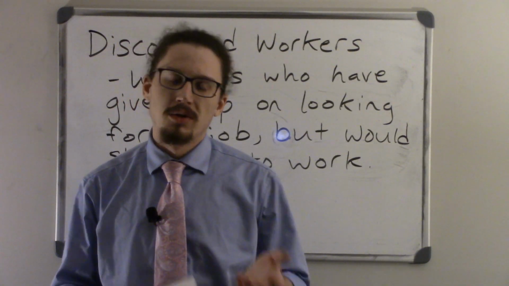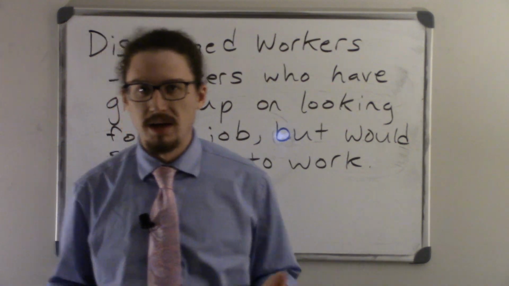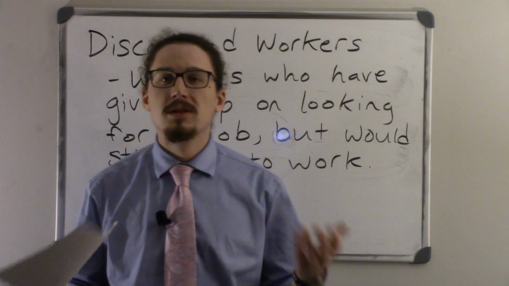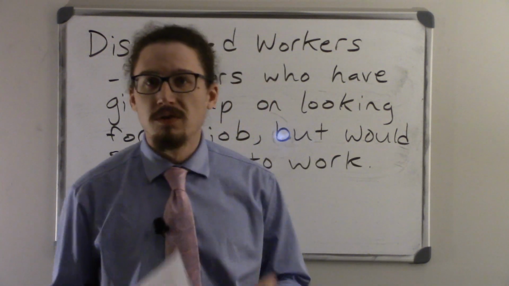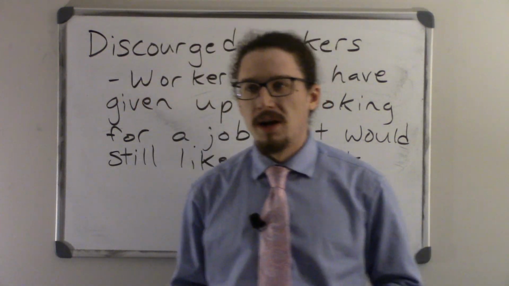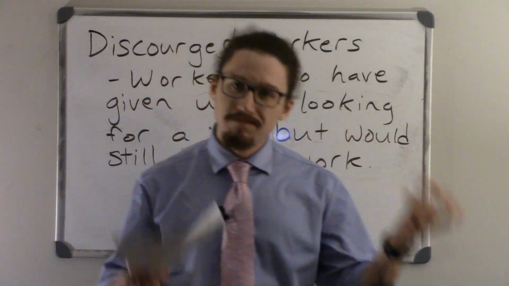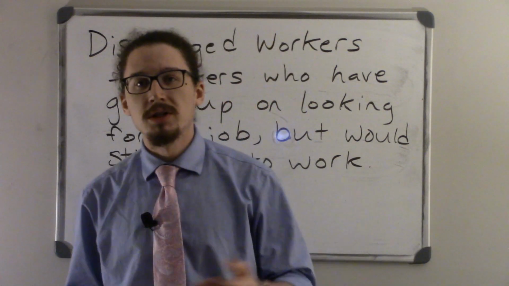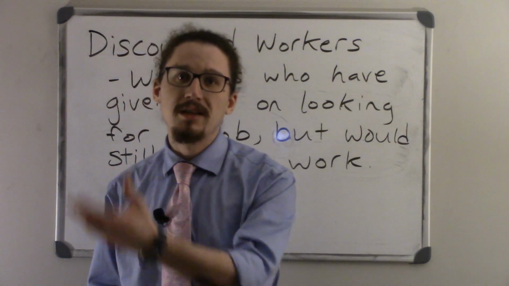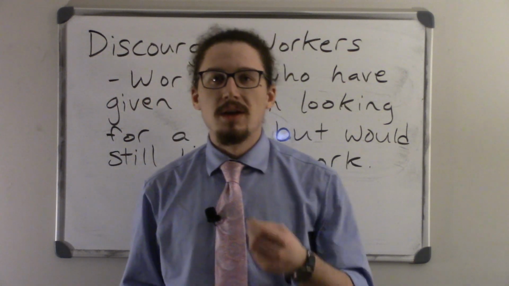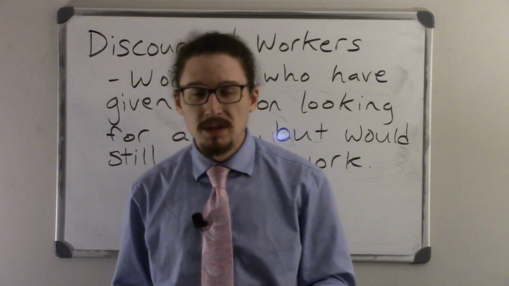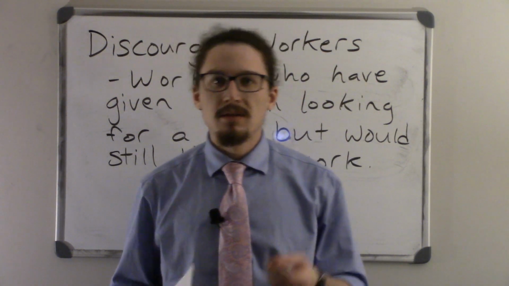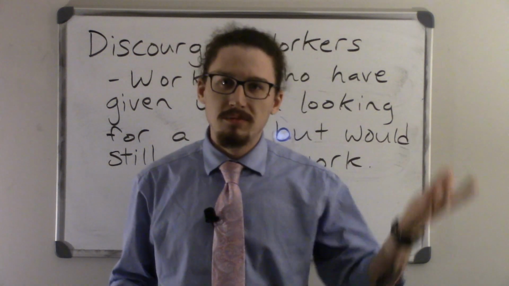But all the other measures of the strength of the economy still showed that we were feeling the effects of the recession. The reason for that is these discouraged workers. As they were ending their search for employment, the unemployment rate dropped, and that is a little misleading.